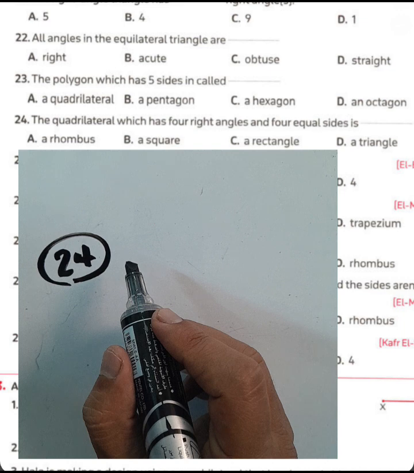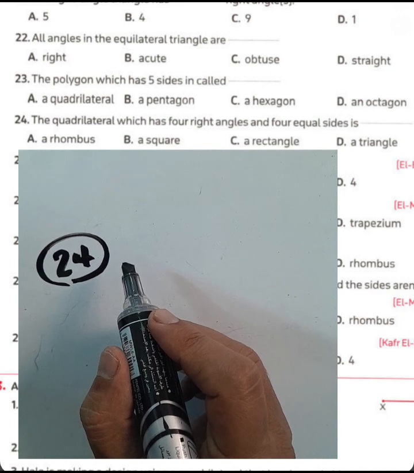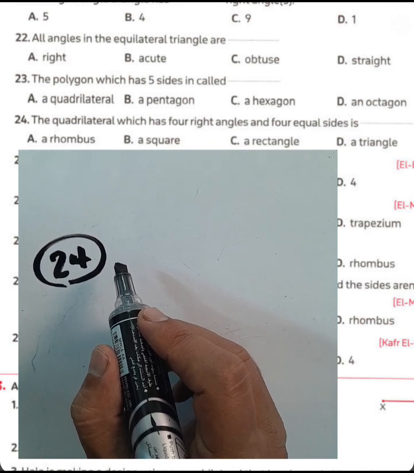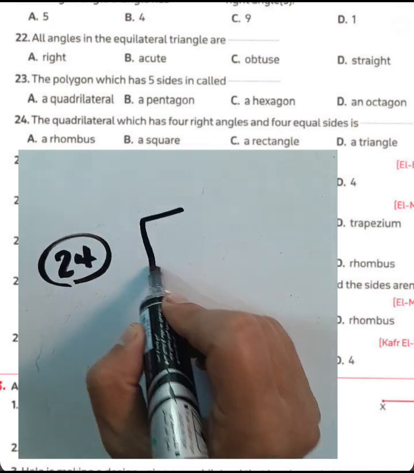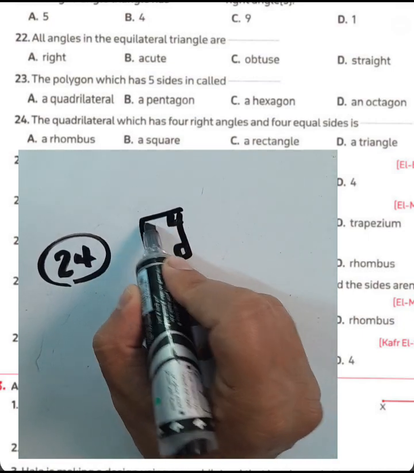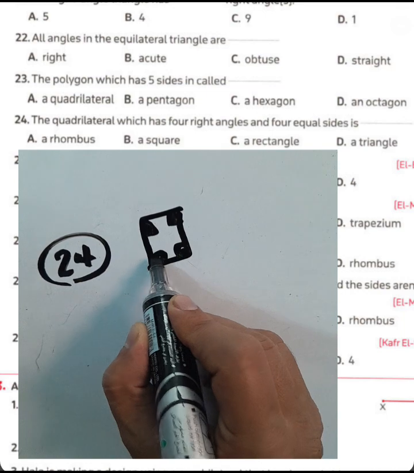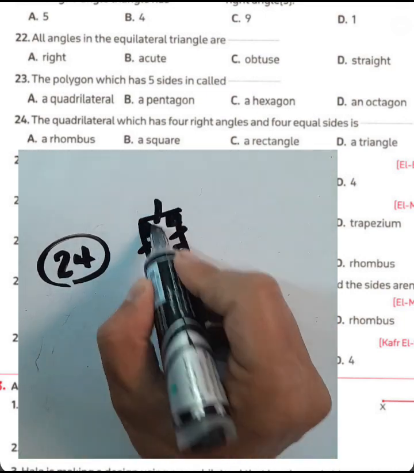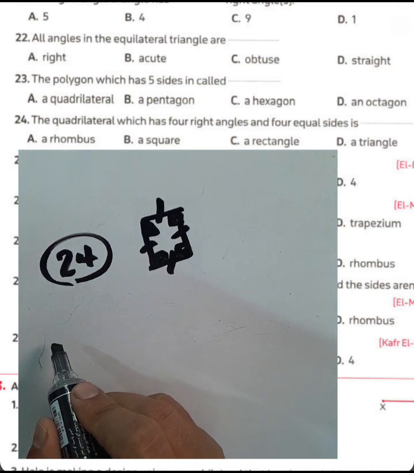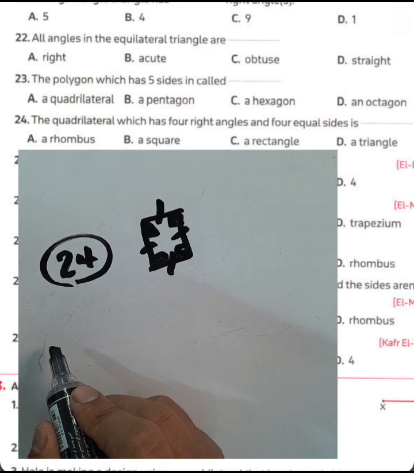Okay, square: all sides are equal in length, and we have 4 right angles here. The measure of all angles equals 90 degrees, and all sides are equal in length. Question 24, you must choose letter B.